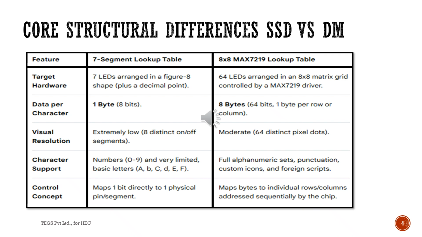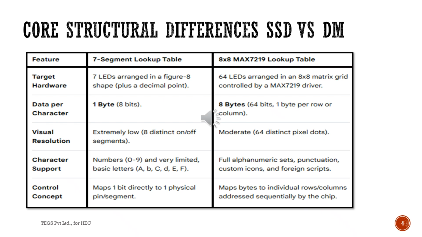The target hardware: the 7-segment LED arrangement is a figure 8 shape, while 64 LEDs are arranged in an 8x8 matrix grid. Data per character: 1 byte in the 7-segment display, and 8 bytes in the MAX7219 display.